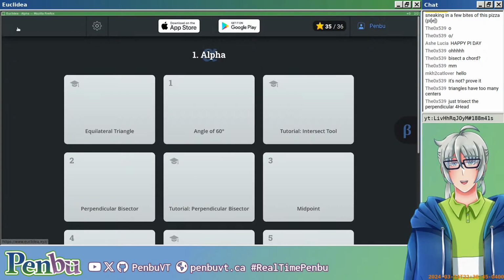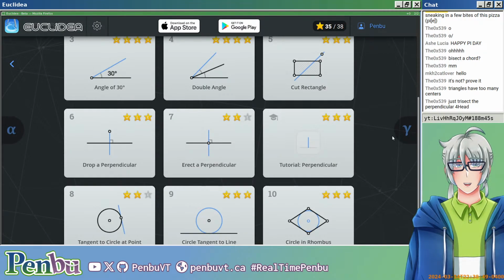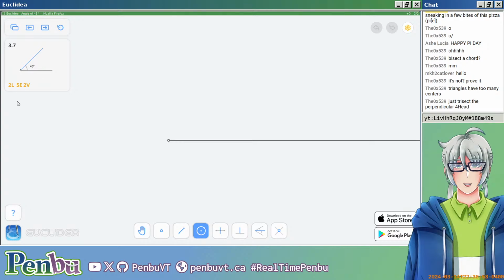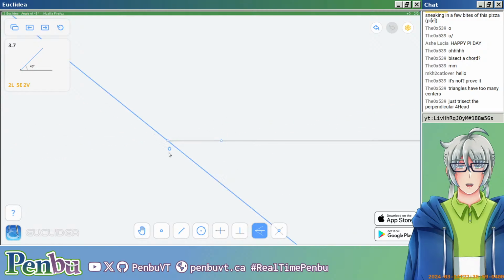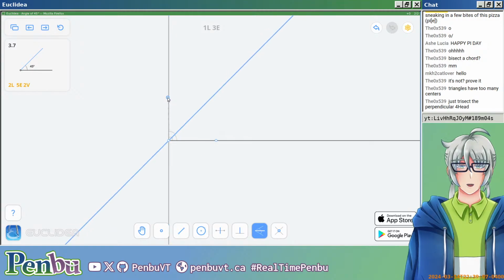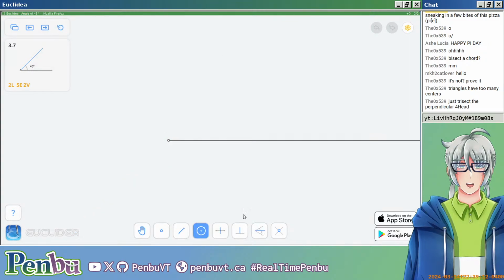Okay, we're gonna go back, find the 45-degree one, and hopefully we can get some insights from that. We managed to get this. Draw the perpendicular. Not like that.